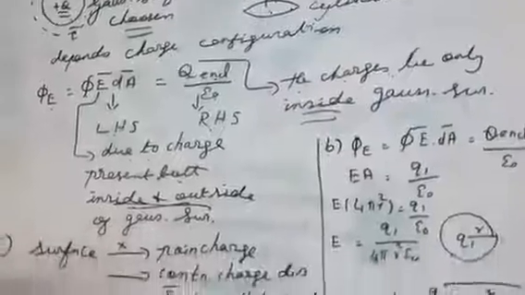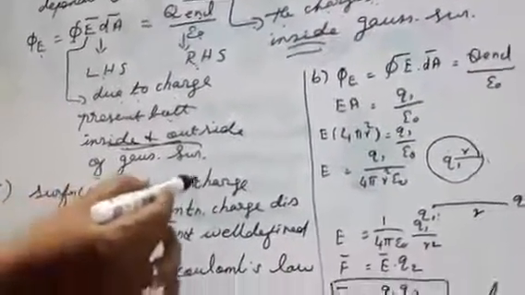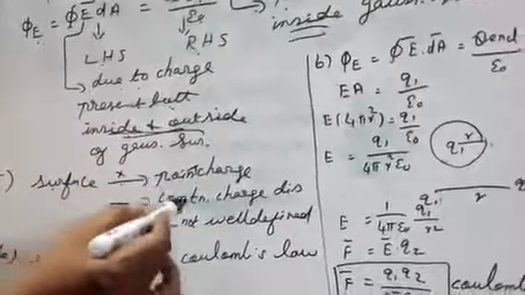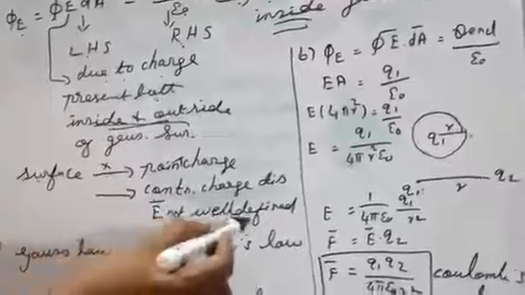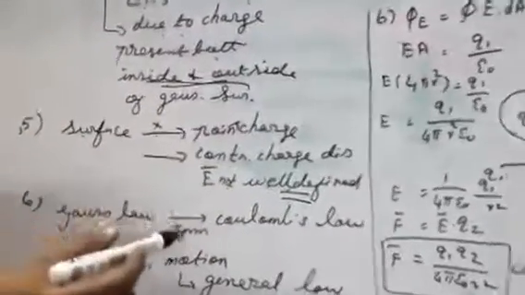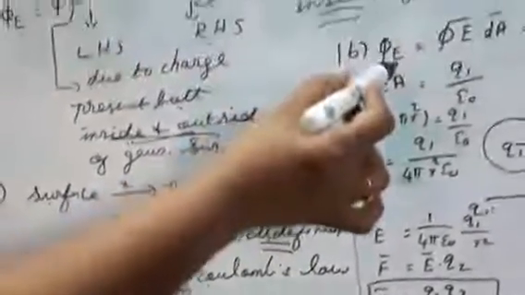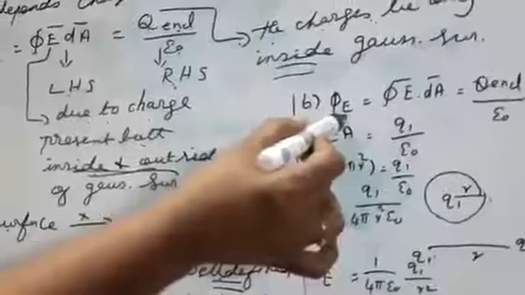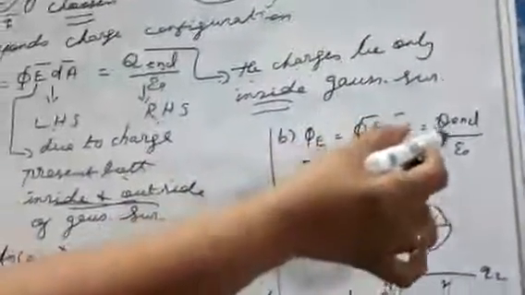And next, the fifth point: the Gaussian surface cannot pass through any point charge, but it can pass through a continuous charge distribution, because E is not well defined at a point charge. And last, the sixth point is that the Gauss law is another form of Coulomb's law. According to Gauss law, phi E is equal to the closed integral of E dA equal to Q enclosed by epsilon naught.